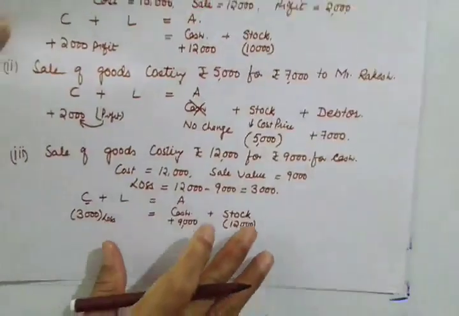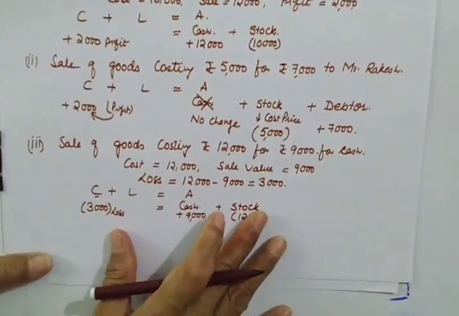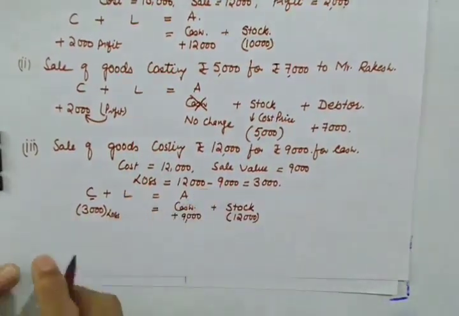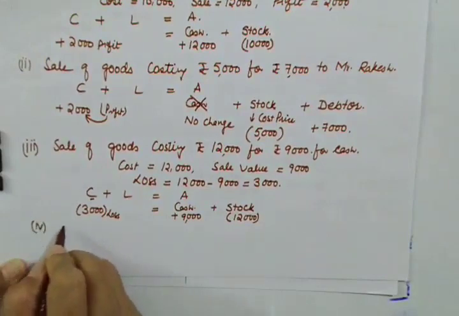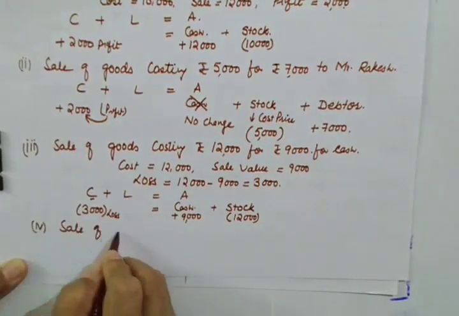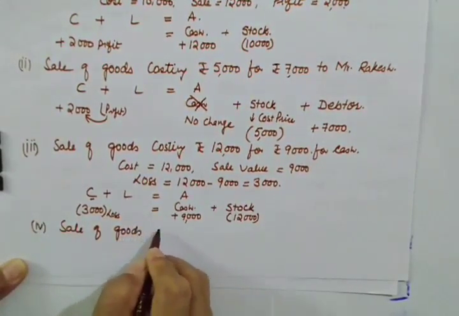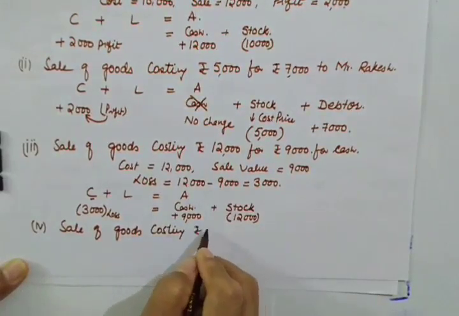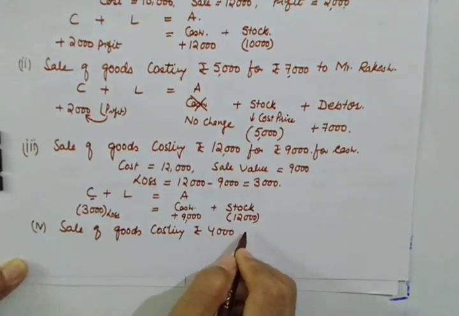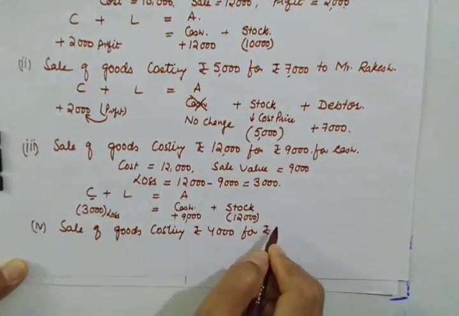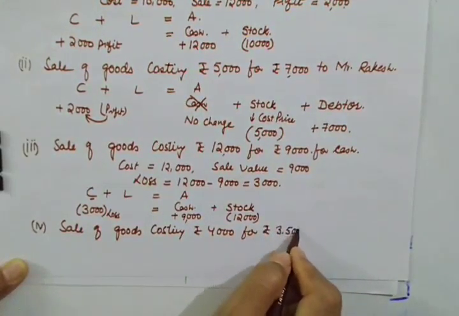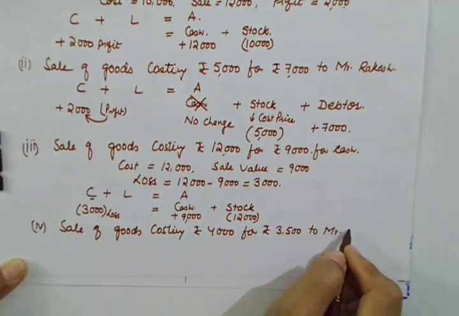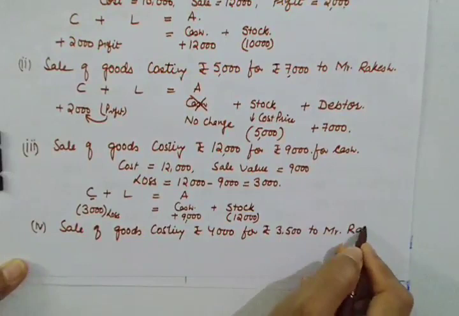So let us take an example here. Fourth example, sale of goods costing rupees 4,000 for rupees 3,500 to Rajesh.